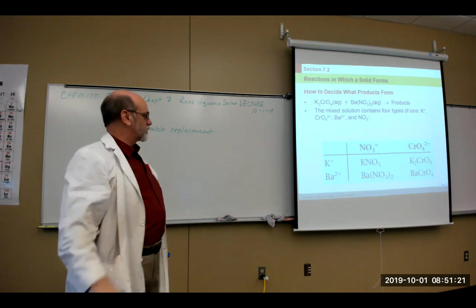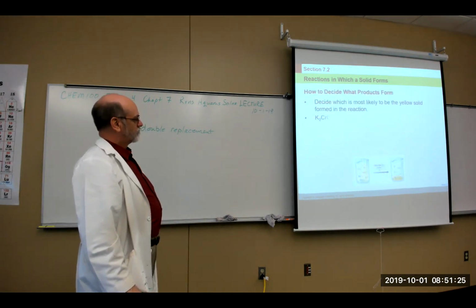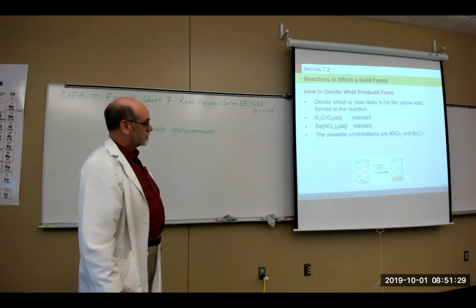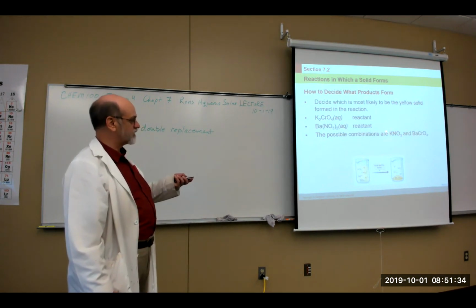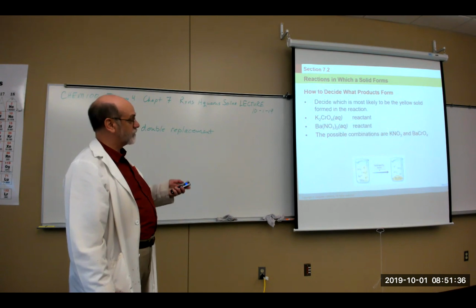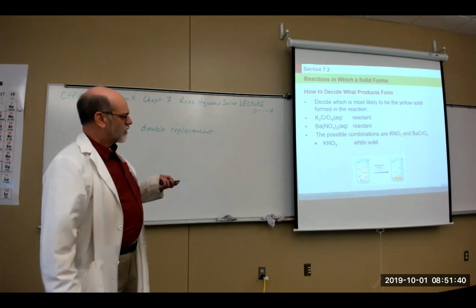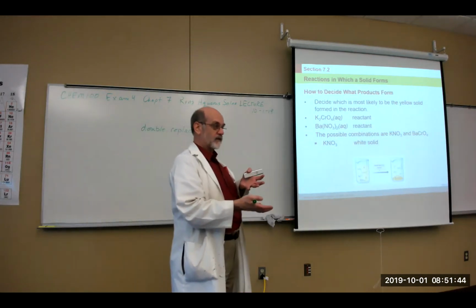So what are the products? So these are the reactants. And the possible combinations are, like I said before, potassium and nitrate, potassium here, nitrate there. And then you look at the chart and you find out, well, potassium nitrate, before you put it in solution, would be a white solid.